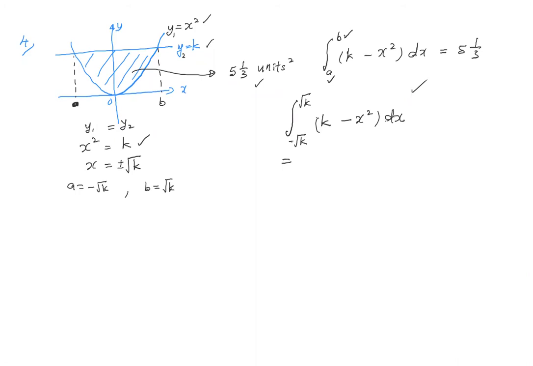One is negative, the other one is positive. Is it okay? Yeah. When you bring this square over, it becomes square root. When you take a square root of a number, you can have a negative value or a positive value.